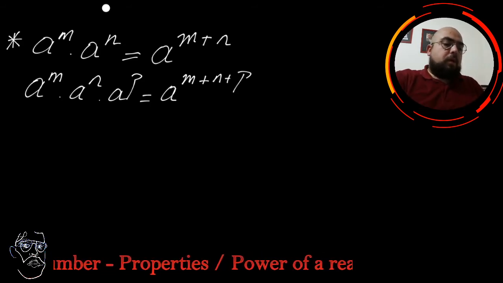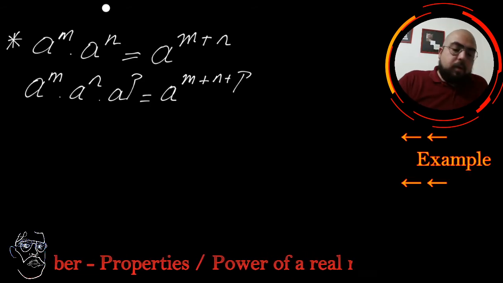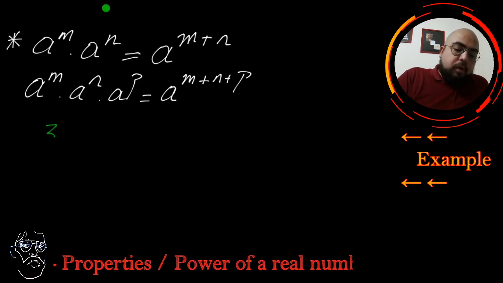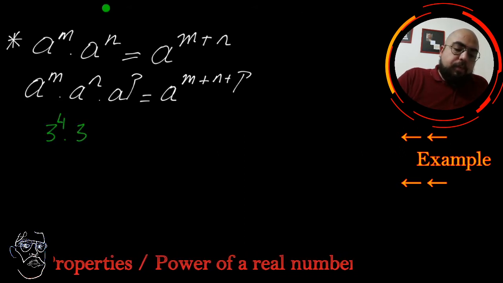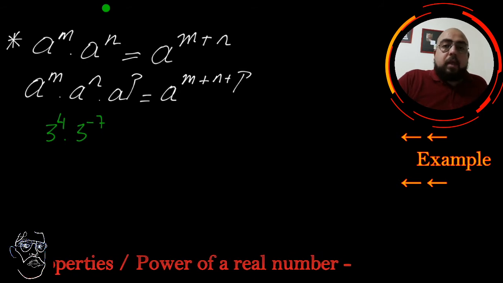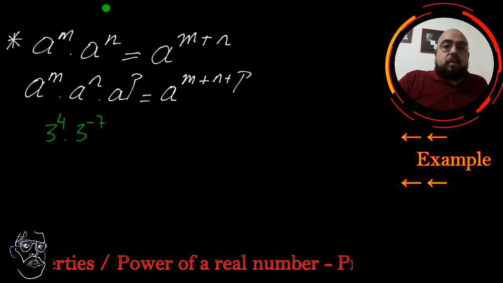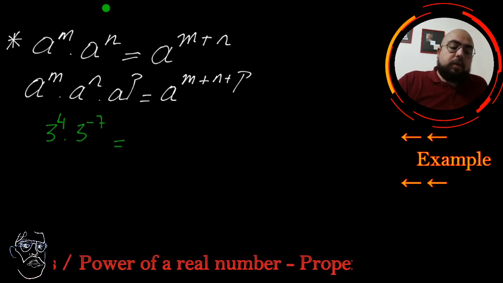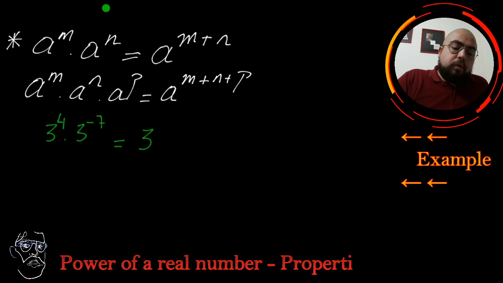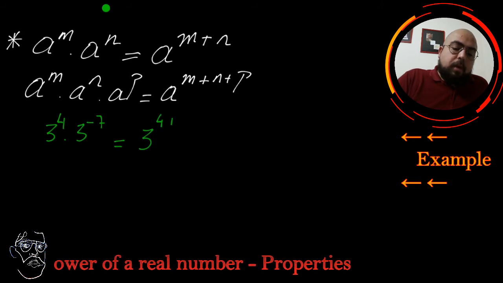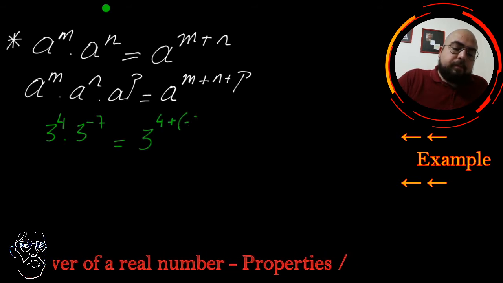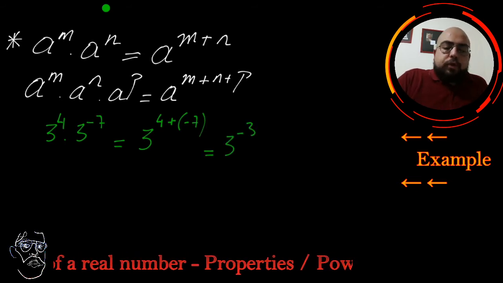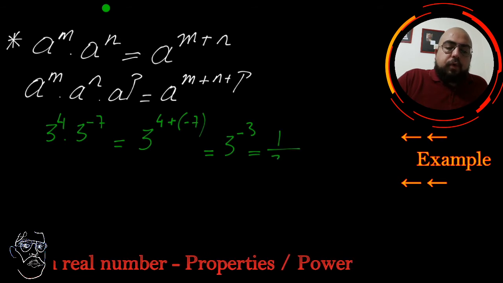Now, let's take a few examples. What about 3 to the power of 4 times 3 to the power of minus 7? I'm not taking n, the exponent, simply as natural numbers, I'm even taking negative integers. So it will be equal to 3 to the power of 4 plus minus 7, so 3 to the power of minus 3, which can be written as 1 over 3 to the power of 3.